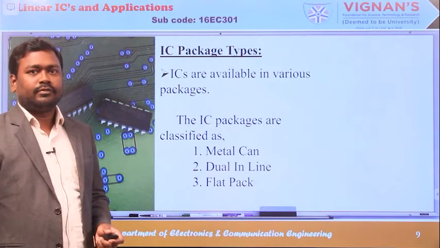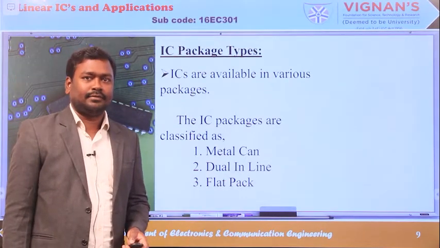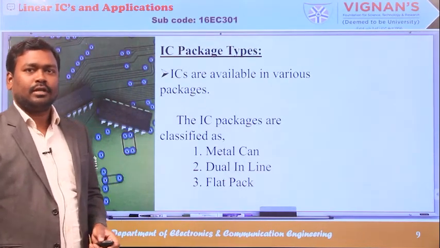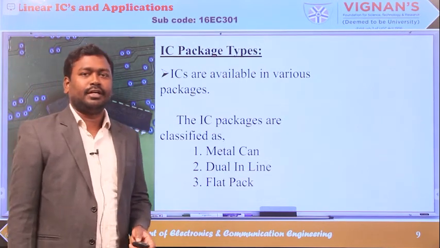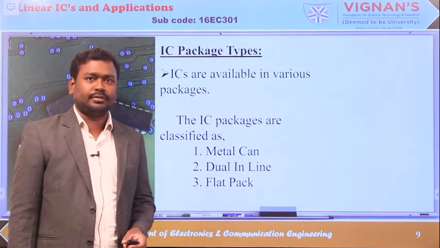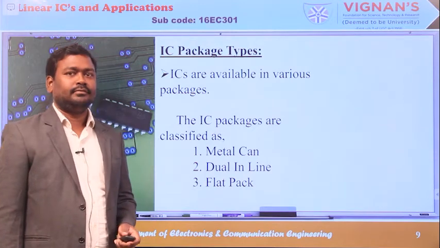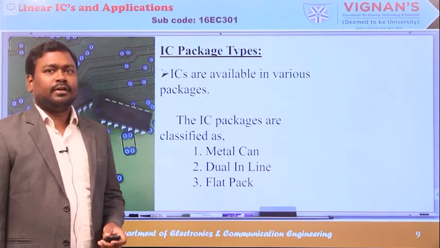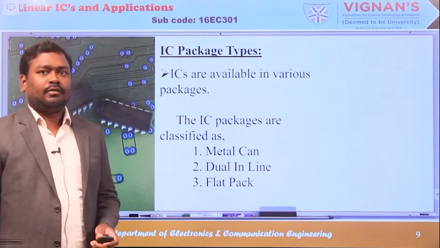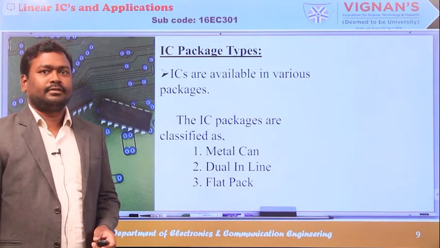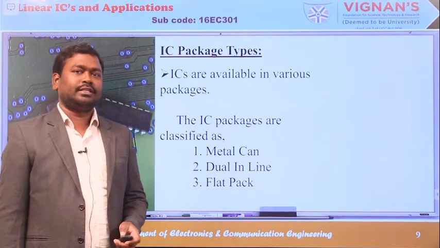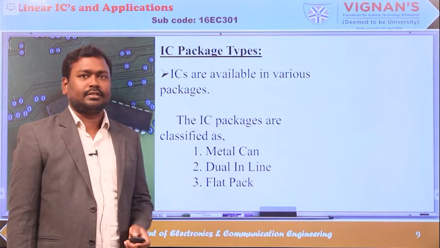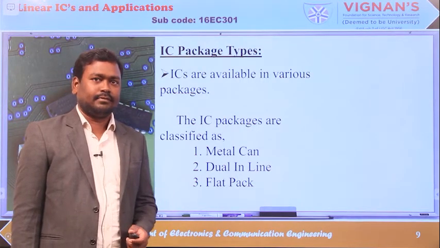So till now we have seen what is an IC, what are the differences between integrated circuits and discrete circuits. Later we have seen what are the different types of ICs and what is the difference between monolithic ICs and hybrid ICs.